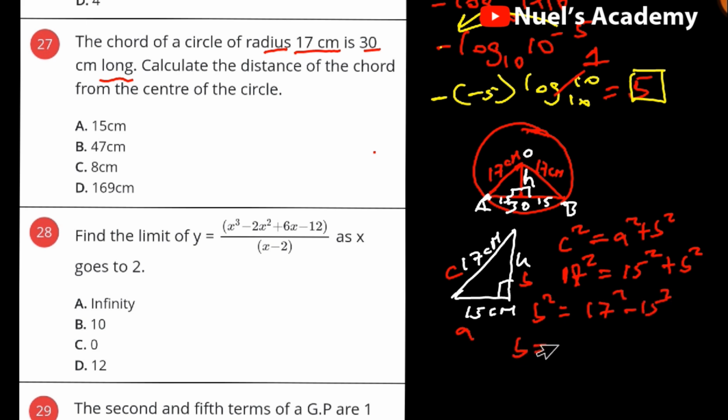Then b is equal to the square root of, taking the square root of both sides, 17 squared minus 15 squared. If you put this in your calculator, you see that b is equal to 8 cm. So option C is the correct answer to this question.